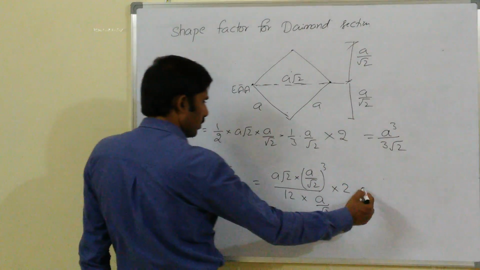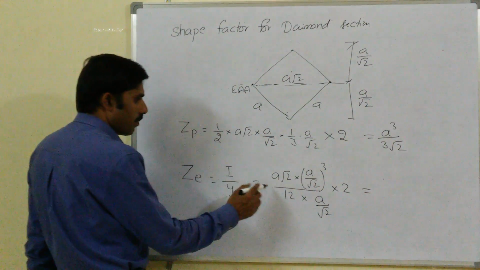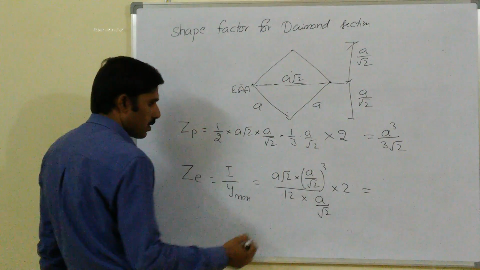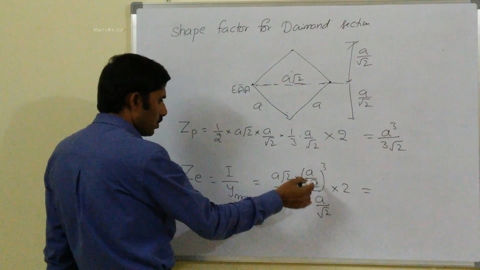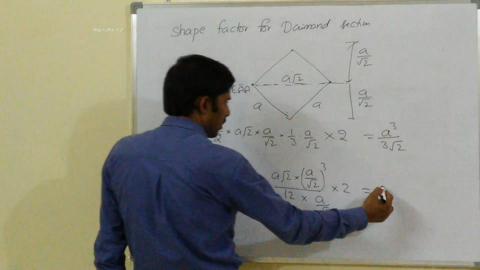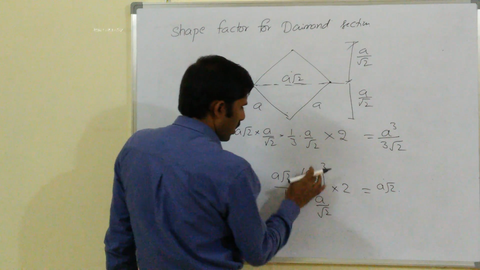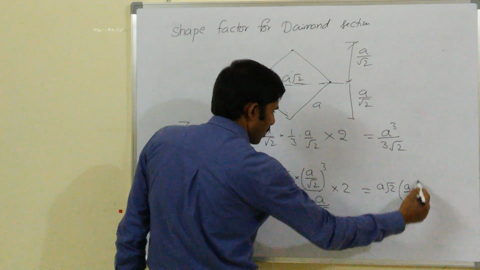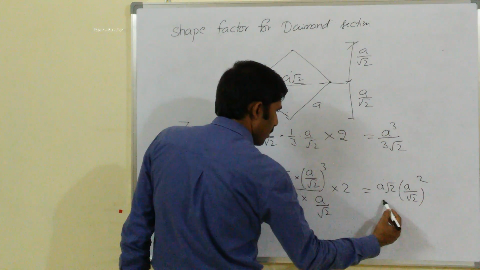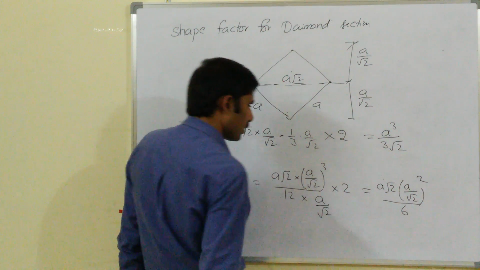So that equals 2 times A root 2 into A by root 2 whole cube by 12, divided by A by root 2, which is A root 2 into A by root 2 square by 6.